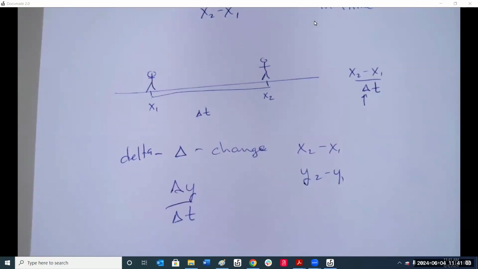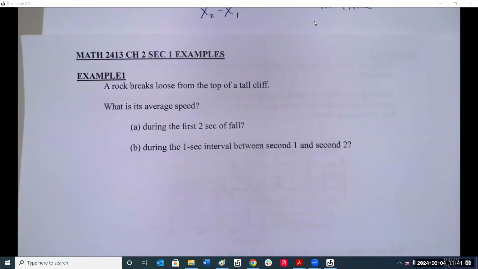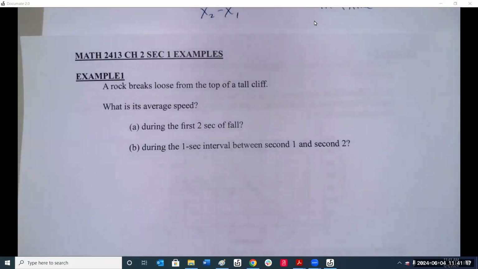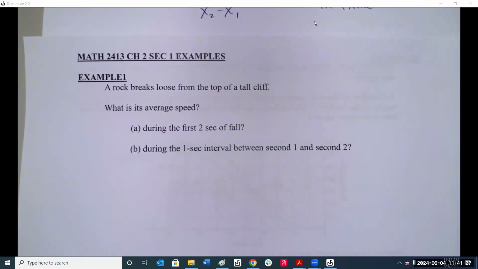Let's look at the first example in your sheets. A rock breaks loose from the top of a tall cliff. What is its average speed during the first 2 seconds of fall? If you haven't taken your sheets when you came in, they're back there on the back table. During the first 1 second interval between time 1 and time 2, what is the average speed?